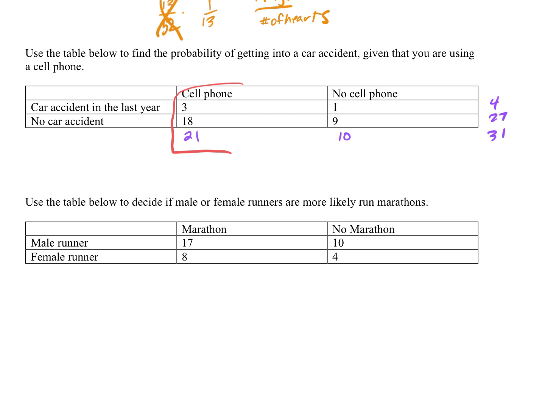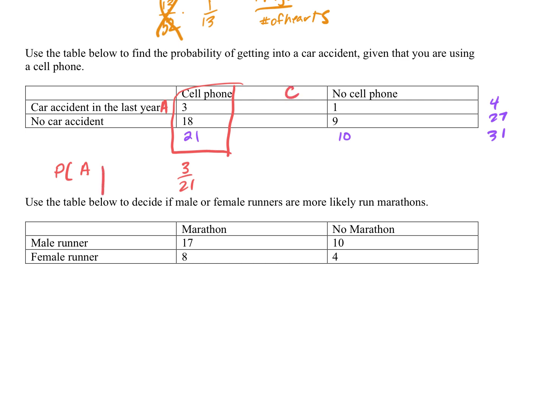So you said if you're given that you're on a cell phone, you're given that you are in this category, yes? Do you guys see what I'm saying? It's just 3 over 21. And then, guys, you're going to see me write this. I'll be very flexible how you guys do this. But this is essentially saying what is the probability of an accident. So I'm going to let accident be here, and I'm going to call this cell phone, yeah?